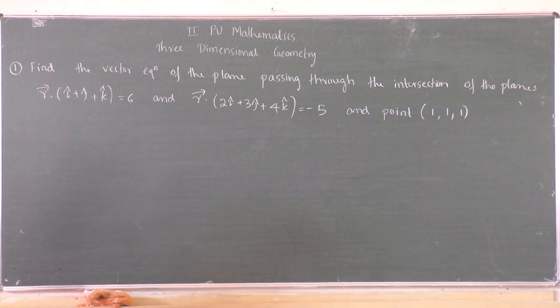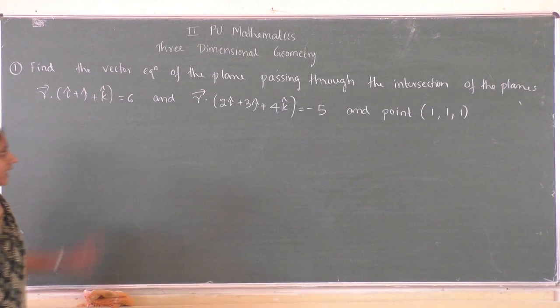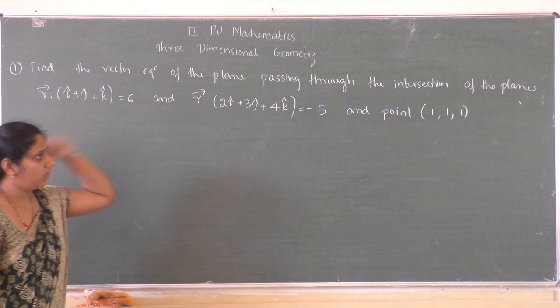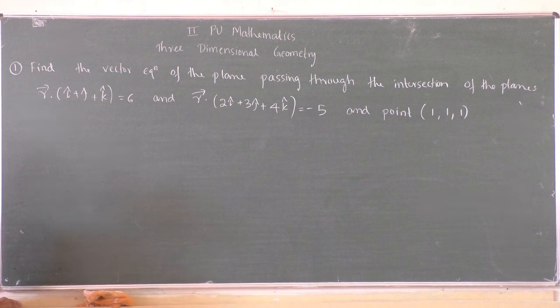So what is the question given? You have to find the vector equation of the plane passing through the intersection of these two planes, and also the plane is passing through the point 1, 1, 1.